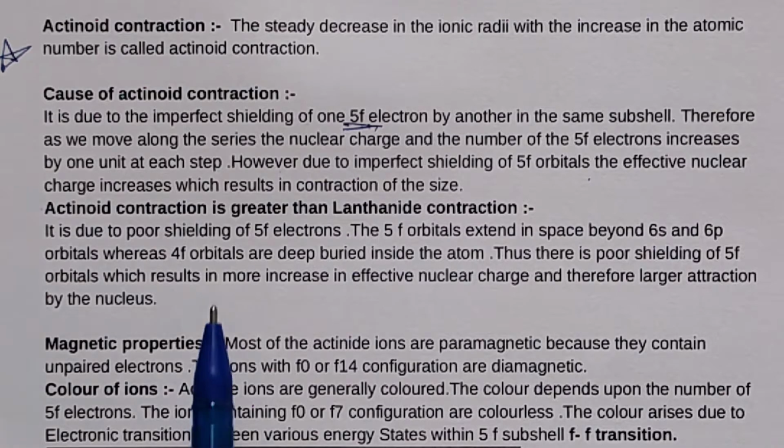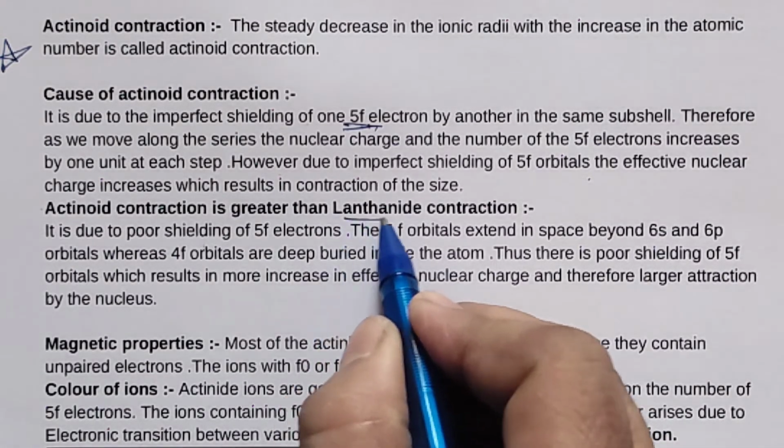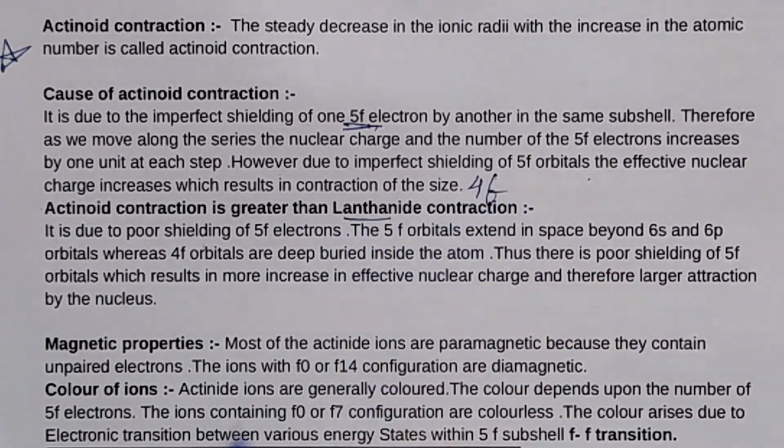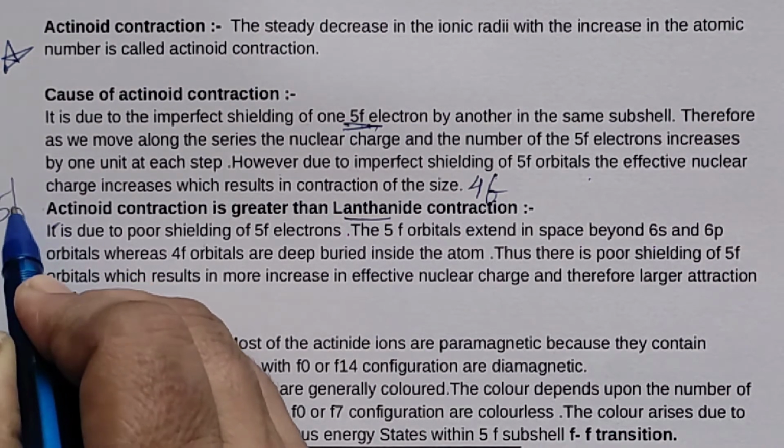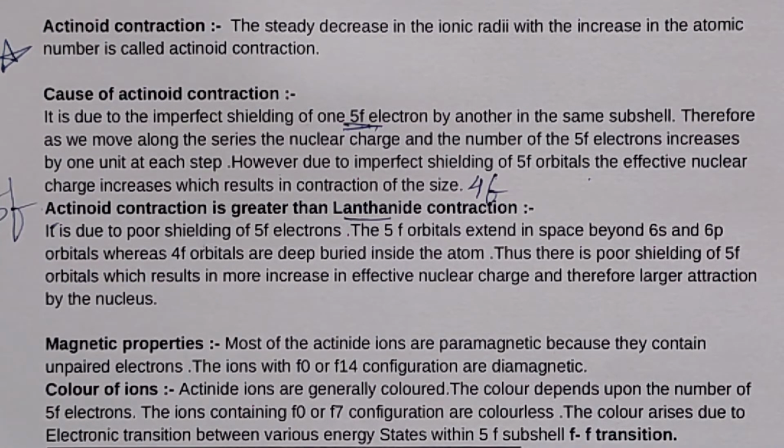And this part: actinide contraction is greater than lanthanide contraction, though in both the f orbital is being filled. In lanthanides, the 4f orbital is being filled; in actinides, the 5f orbital is being filled. Which is more poorly shielded? 5f.